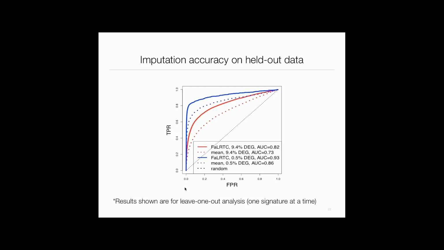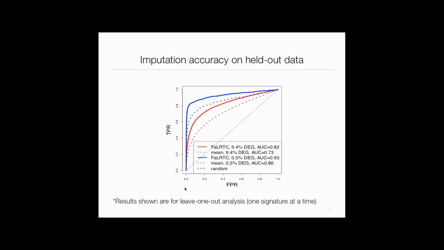And so what I did is I took each signature and defined some true set of differentially expressed genes just based on some threshold. And then I took the imputed signature and I varied the threshold to generate a varying set of differentially expressed genes.